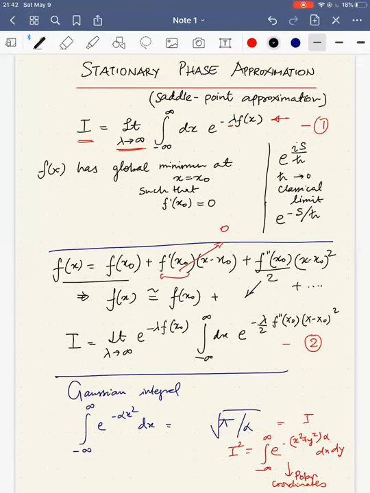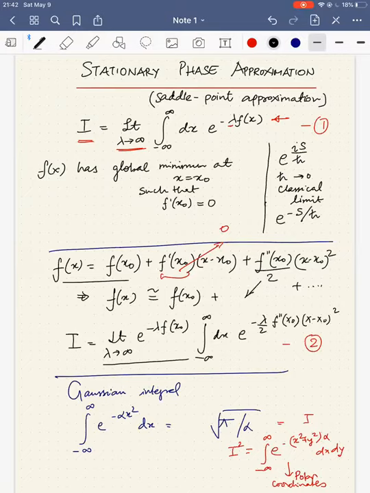So we can approximate f(x) by f(x naught) plus this second derivative term. Using this, you can write down the integral in equation 1 as this, where you take the limit lambda to infinity, and then you have the prefactor, e to the power minus lambda f(x naught), and then you have the second term.